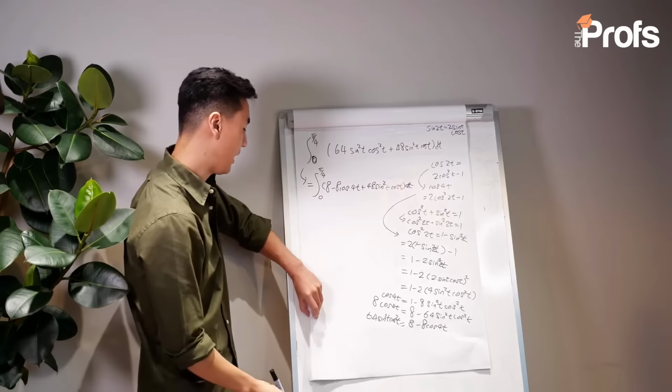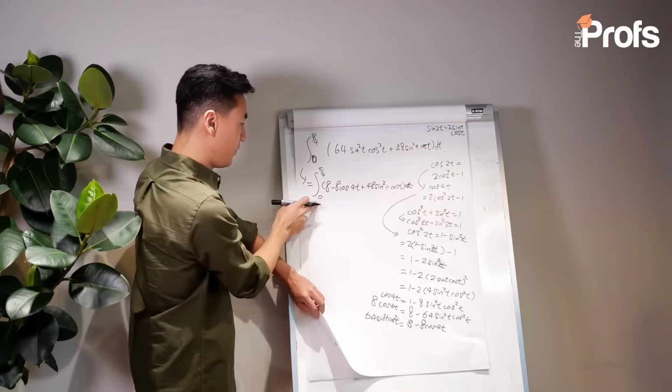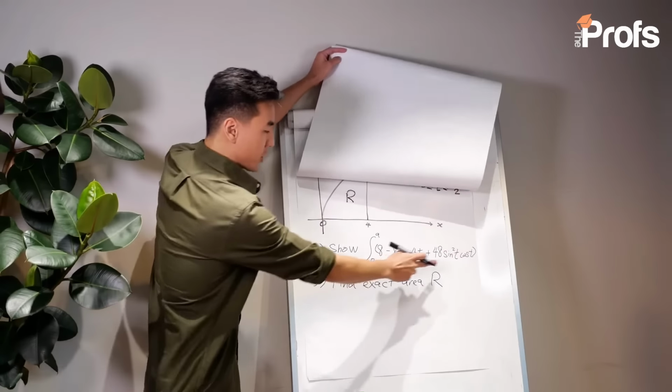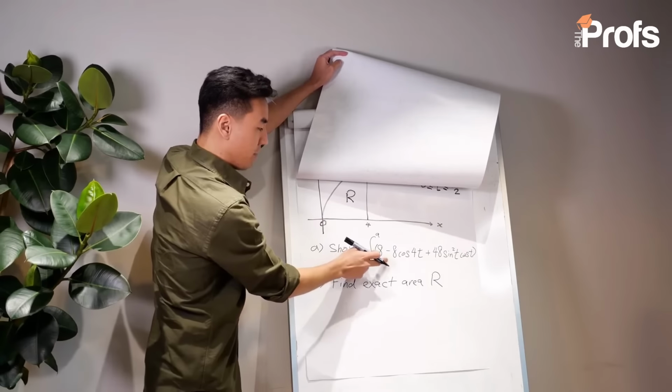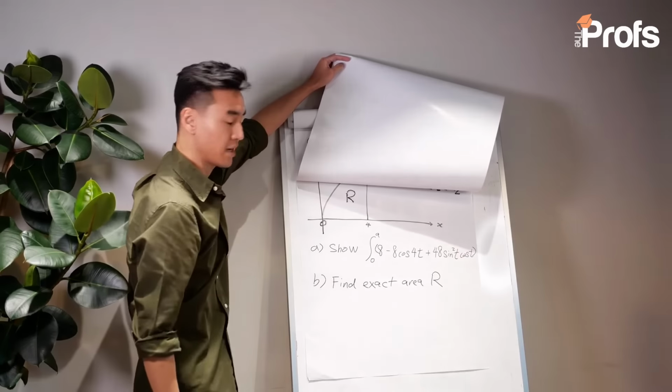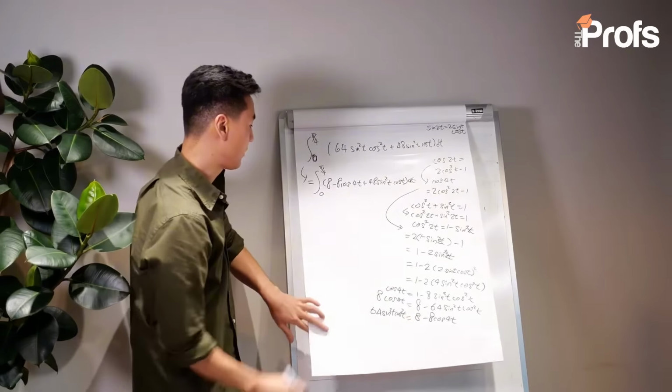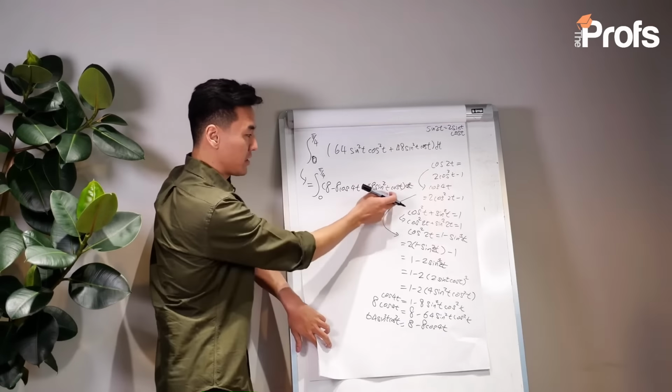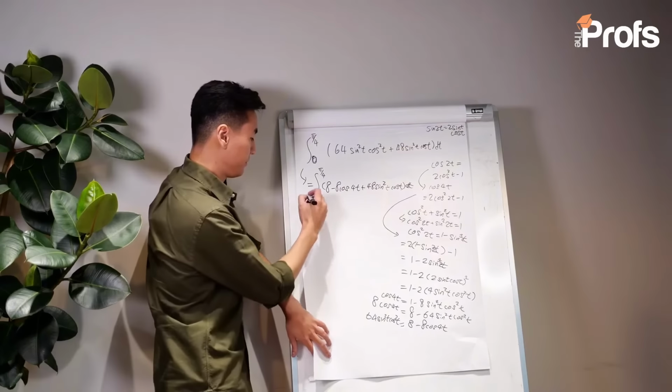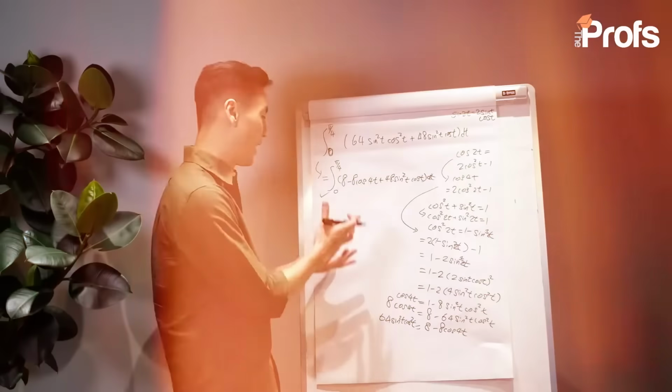And guess what? Now we check what we've done so far. What the question was asking us to prove, 8 minus 8 cos 4t plus 48 sine squared t cos squared t. And we're done. So now we're done with part A.